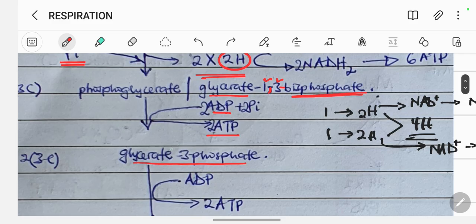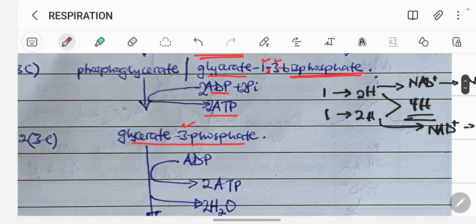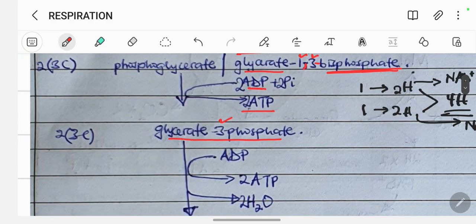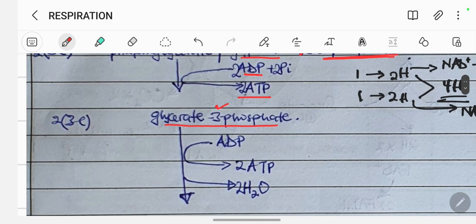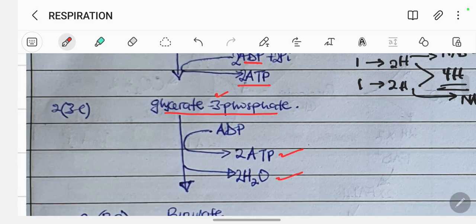So we end up with glycerate 3-phosphate. It means that the one that was at carbon atom 1 is now lost. As we form glycerate 3-phosphate, this glycerate 3-phosphate is going to be used to form ATP and loses water.